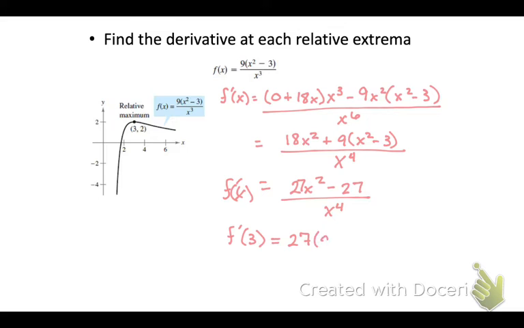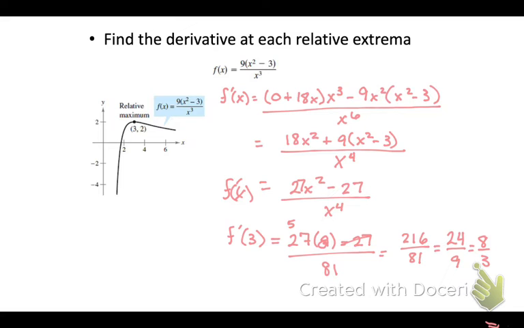So 27 times 9 minus 27 over 81. I got 8/3.